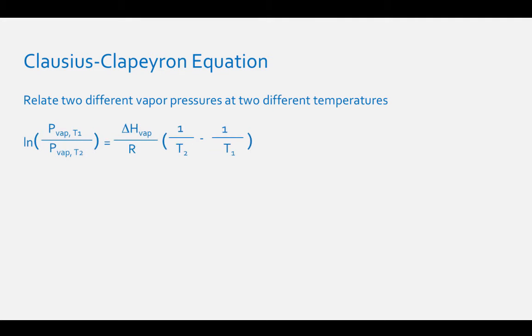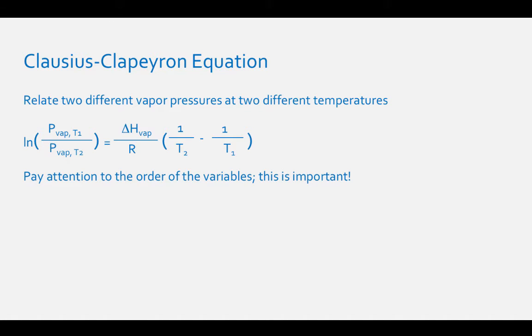Another way to use the Clausius-Clapeyron equation is to relate two vapor pressures of the same liquid at two different temperatures. Then the equation looks like the natural log of vapor pressure of the liquid at one temperature divided by the vapor pressure of the liquid at a second temperature equals the heat of vaporization divided by the gas constant times 1 over the second temperature minus 1 over the first temperature.